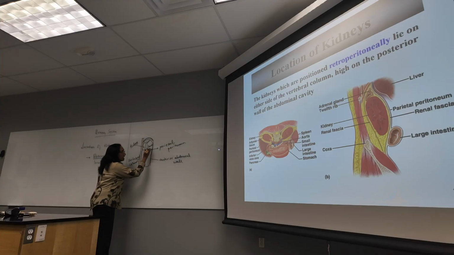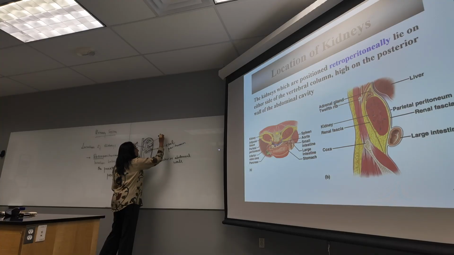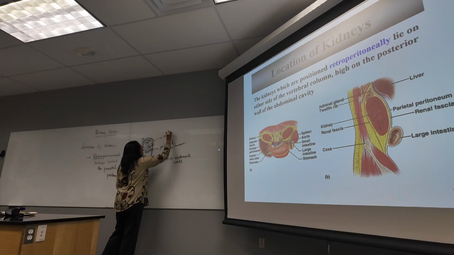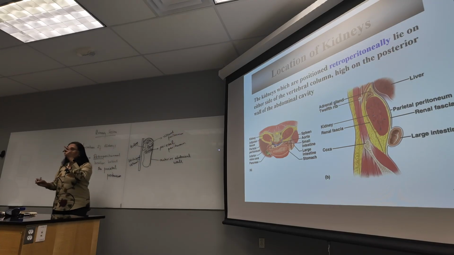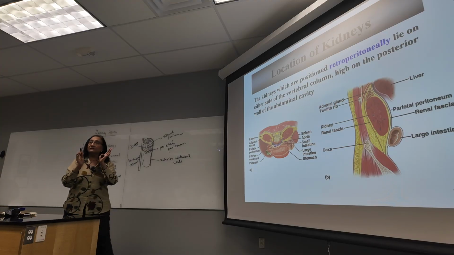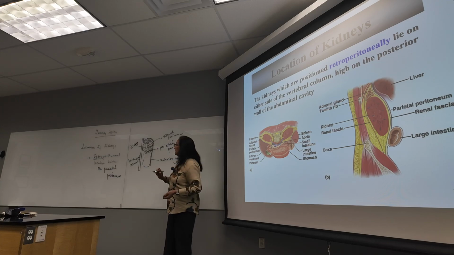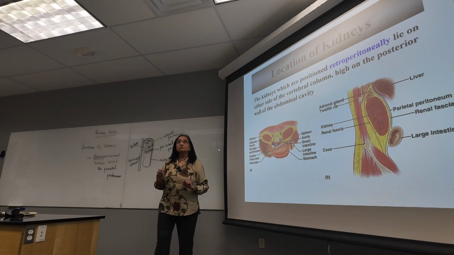And they are in turn covered by another layer of the peritoneum. Each organ is covered by another layer of the peritoneum. This is called the visceral peritoneum. So just like the pleura, where the parietal pleura covers the inside of the chest cavity and the visceral pleura covers the organ, the lungs, the peritoneum is also the same.